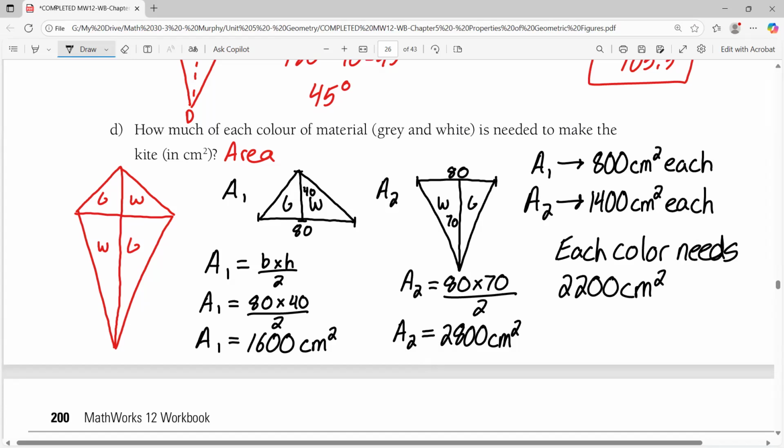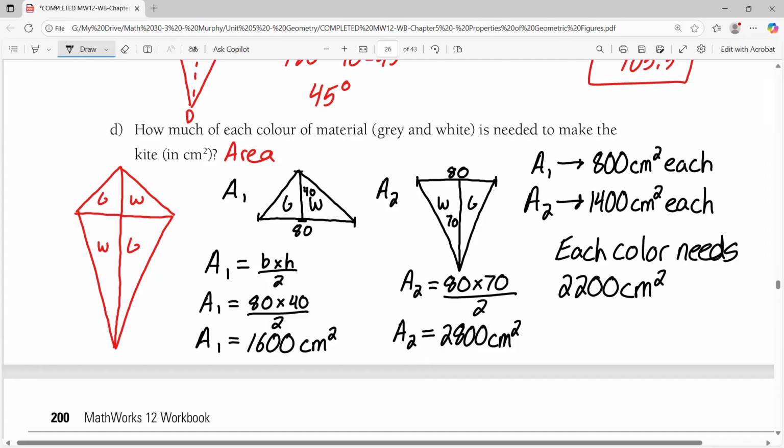The other thing we could have done, and you probably recognized it, is we could have just added the whole of the total area up and divided by 2 because it's in equal parts, right? Because you got a gray and a gray, white, white.